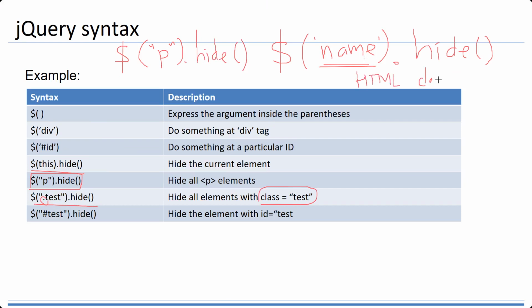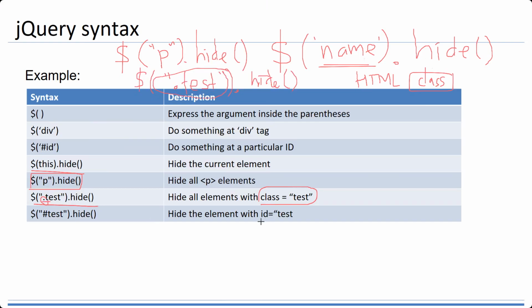Let's say you are using Bootstrap. In Bootstrap, there are many classes. Whenever you want to access a class, you use dot. So if the class name is test, then I'm going to access the class test and then perform the action. For example, the action is hide. Then you will hide the class test.